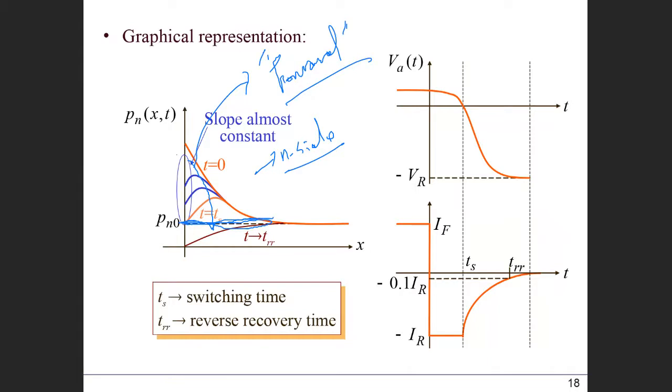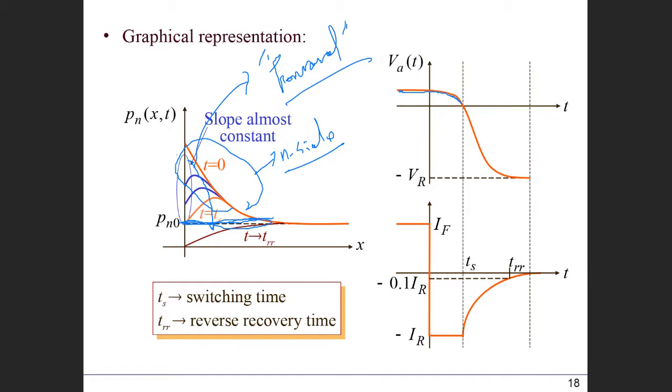Because at forward bias, your minority carrier concentration is larger than the thermal equilibrium value, across the diode it still remains in this forward bias condition.